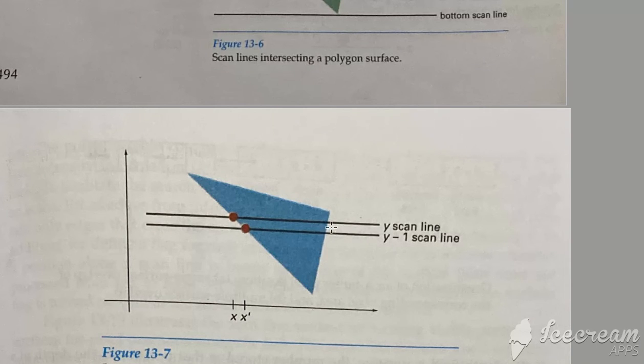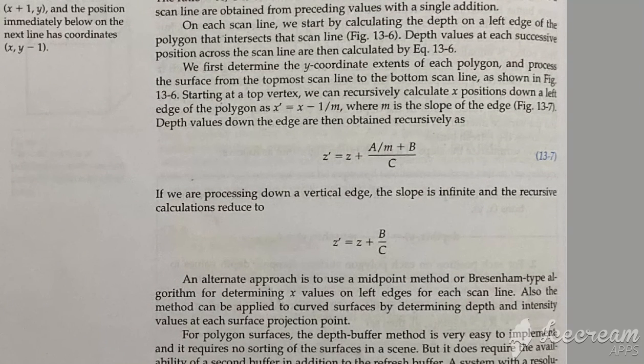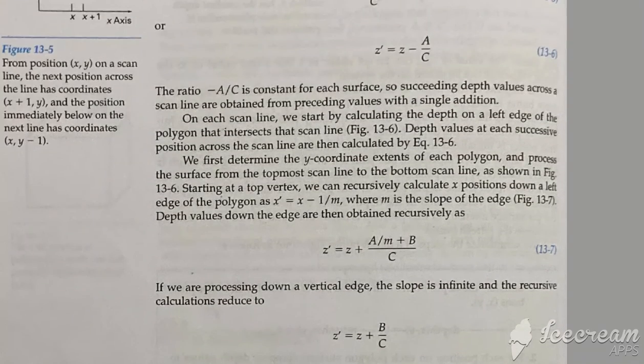The slope of the line will be m is equal to y minus 1 divided by x minus x dash, that is, 1 by x minus x dash, so x dash can be written as x minus 1 by m.